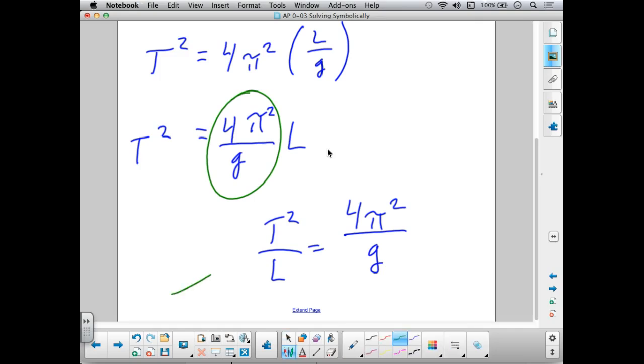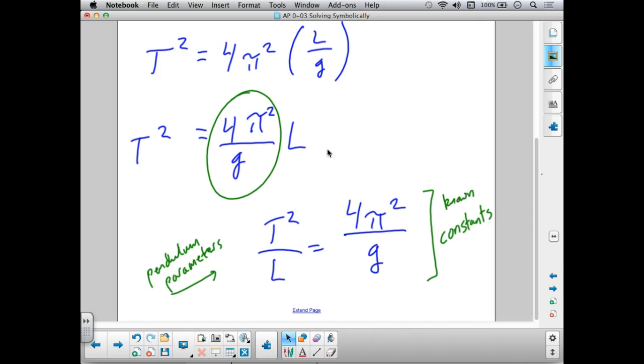So on this side, I have pendulum unknowns, or pendulum parameters. And on this side, I have only known constants, which is really cool. And this is going to become important when we study empirical laws in nature.